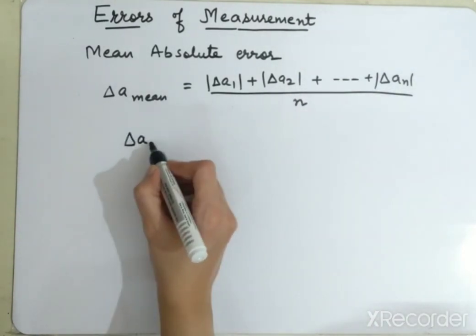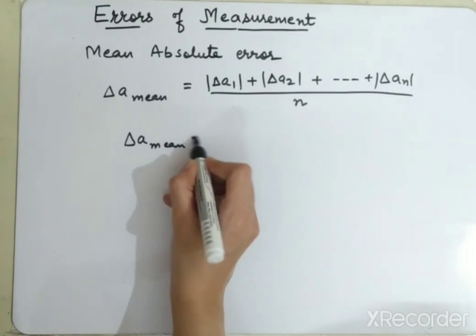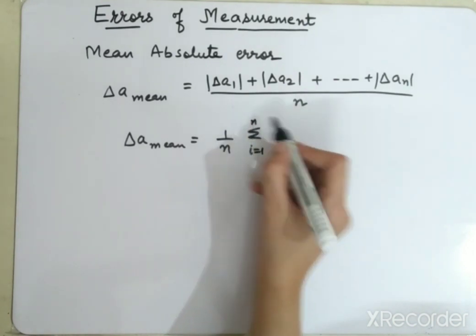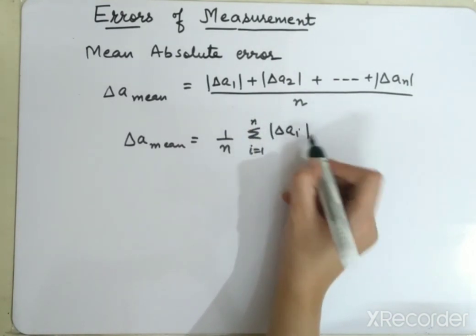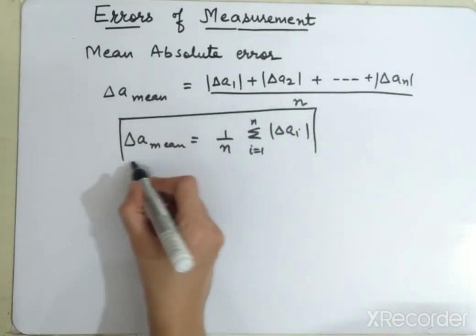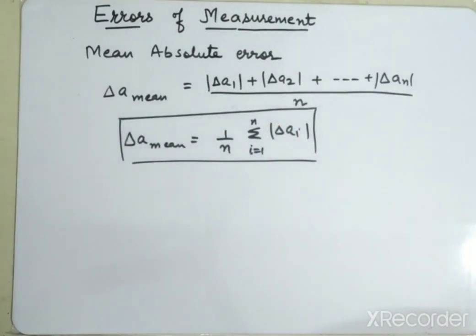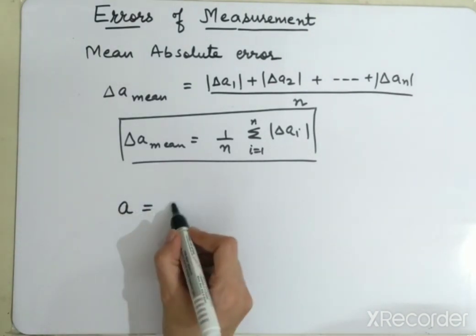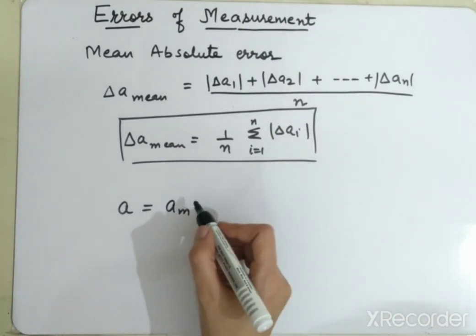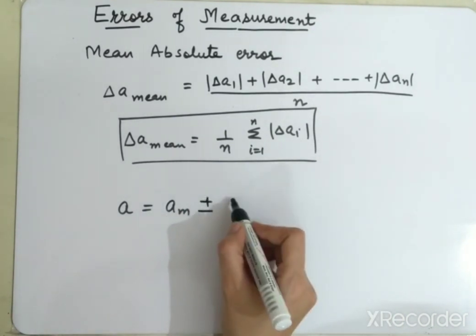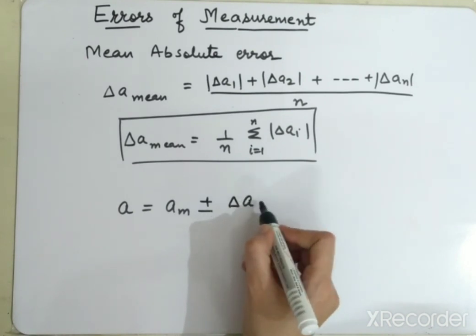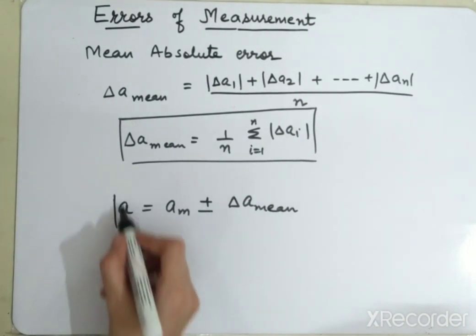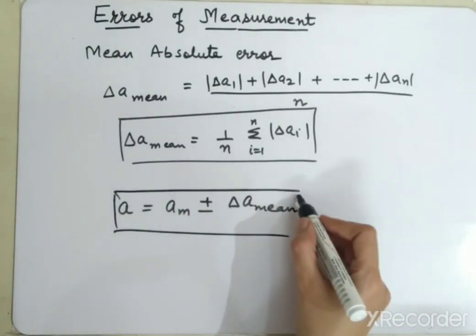So the mean absolute error will be 1 upon n sigma i equal to 1 to n of delta Ai. Hence, the final result of measurement may be written as A is equal to AM, that is the arithmetic mean, plus minus the absolute error, that is delta A mean. So that is how we write the final result of an observation.